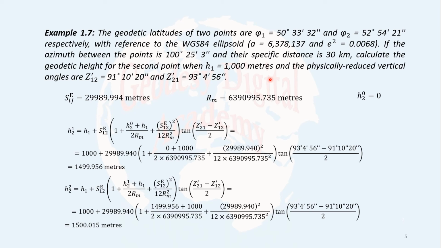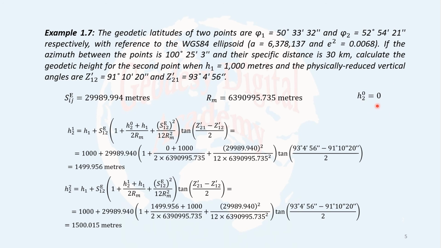So we have already computed the geodesic distance, and we have already computed the average of the Eulerian radii, and just simply consider that the first approximation for the height of the second point is 0.